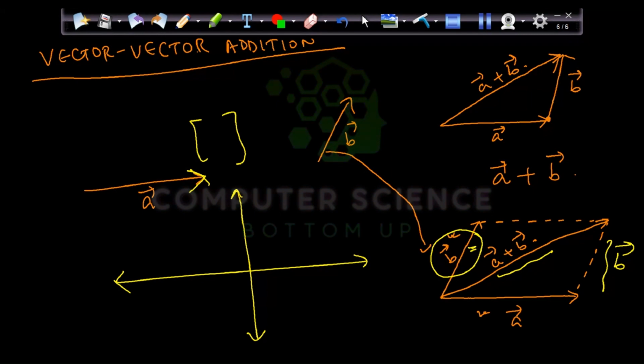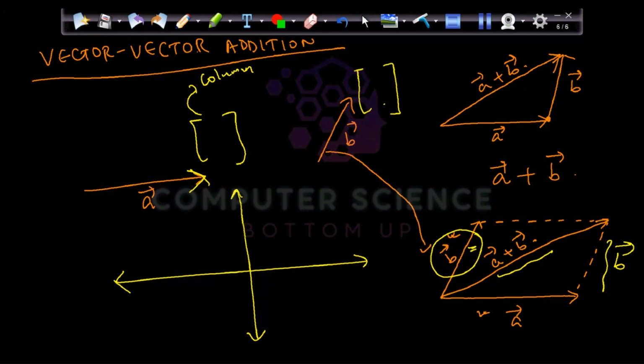Similarly, there would be some ordered list representation of b vector also. I am representing it as a column vector, but this is a list of coordinates.